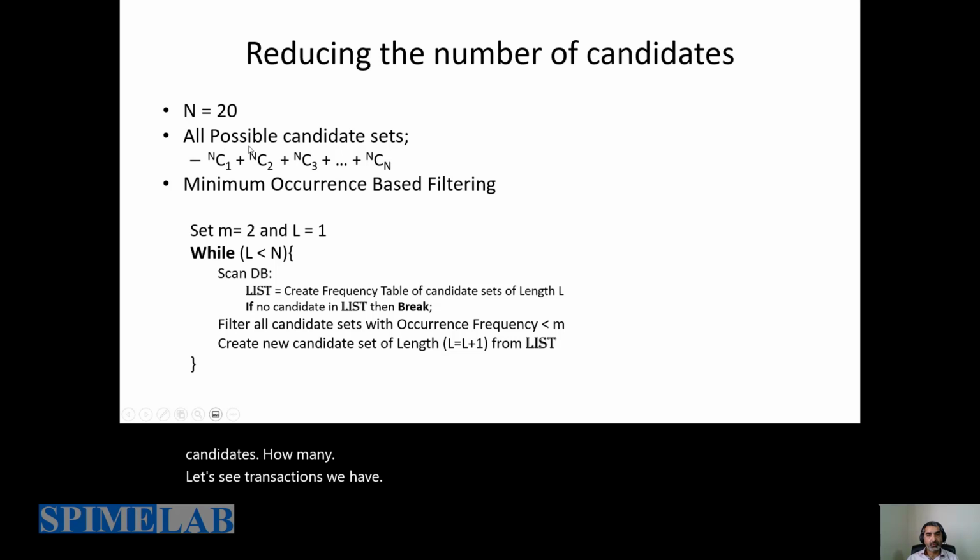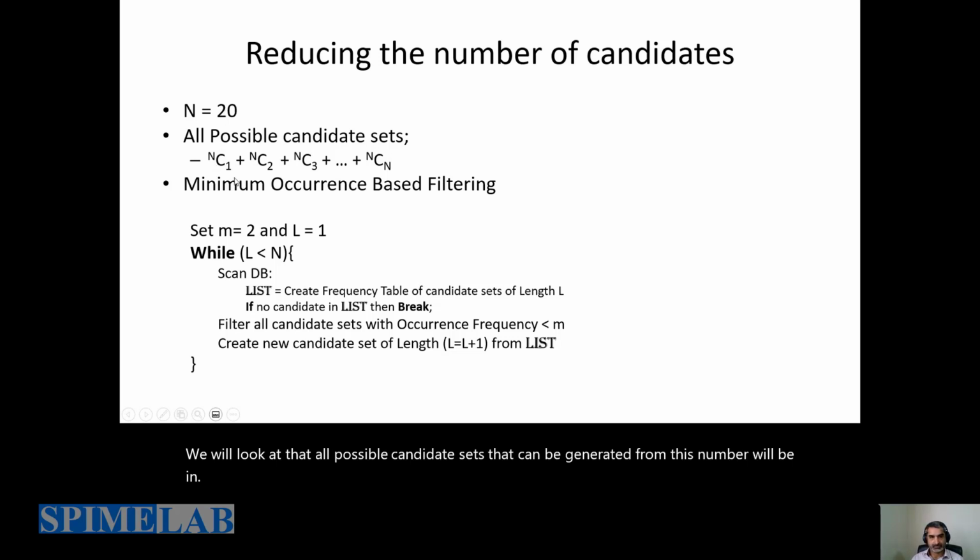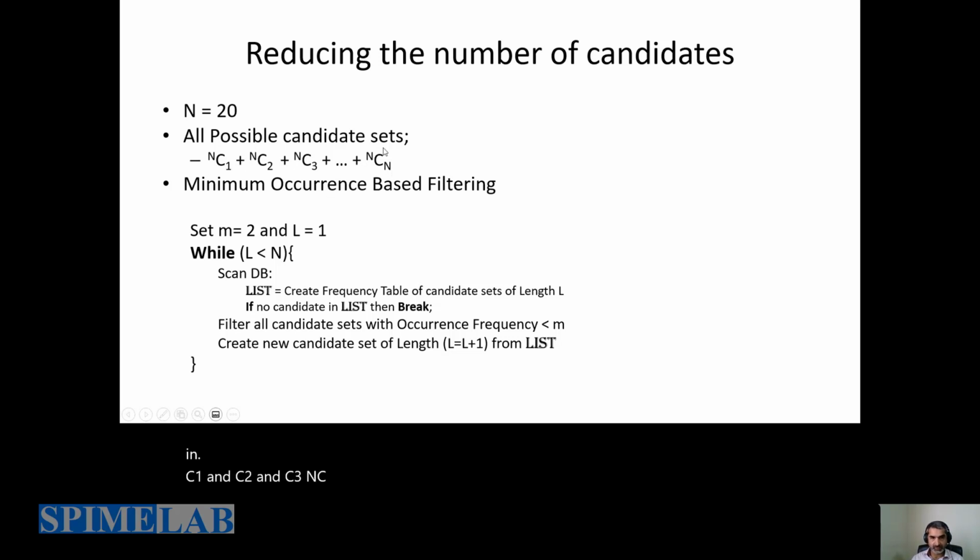We will look at that. All possible candidate sets that can be generated from this number will be NC1, NC2, NC3, up to NCN, all summed together. But we don't need to generate this many sets.